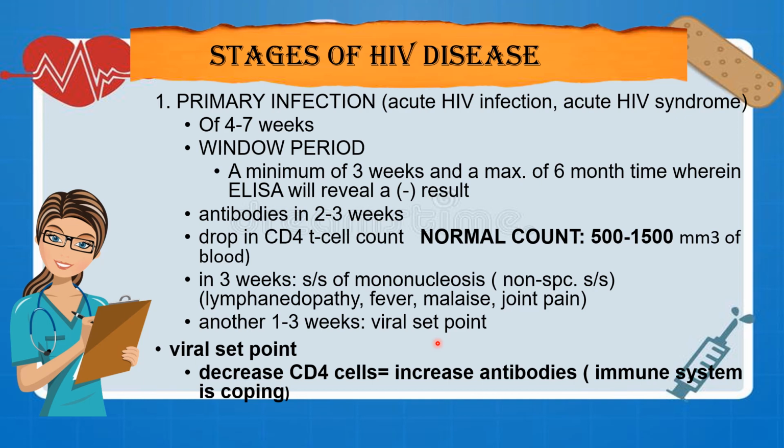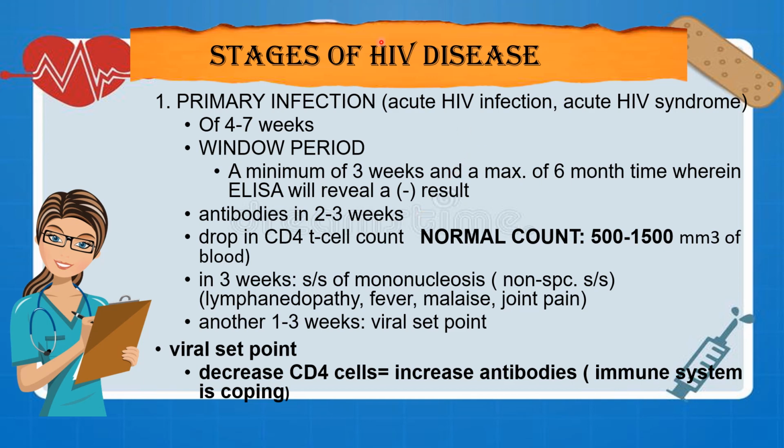So after 2 to 3 weeks, the antibodies to the glycoproteins of the HIV envelope can be detected in the sera of people infected with HIV. But most of these antibodies lack the ability to totally control the virus. By the time neutralizing antibodies can be detected, or known as stage 1, HIV-1 is firmly established in the host.